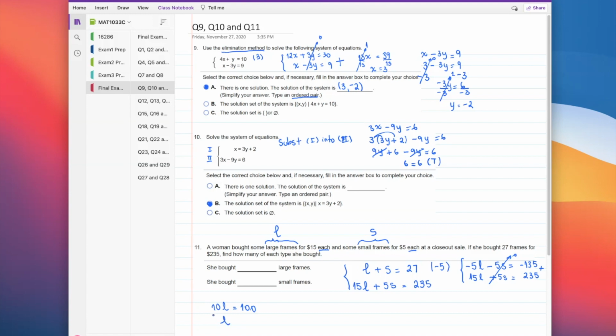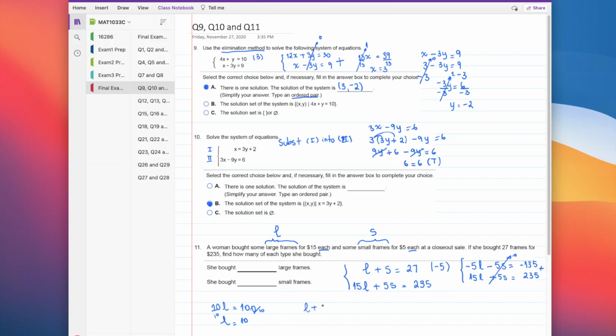Then L, divide by 10 on both sides, and L is 10. Now that I have the amount of large frames, I replace on the first one, because this has smaller numbers. I replace on the first one, the original.